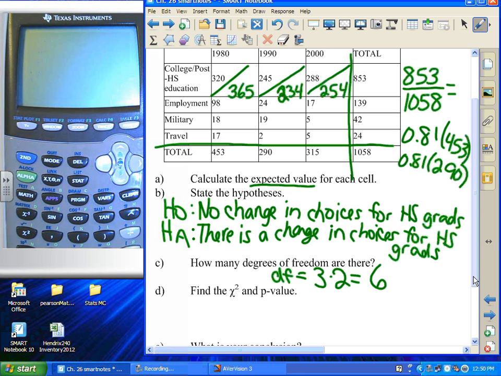Okay? And like I said, I want you to see where the numbers came from. They're not just thrown out there. But the calculator will do that for you, which makes it a little faster because that's 12 calculations. I guess it's not too bad, but we can save it. So I'll show you how. You have to actually do the test first. So we're going to find the chi-squared and the p-value.